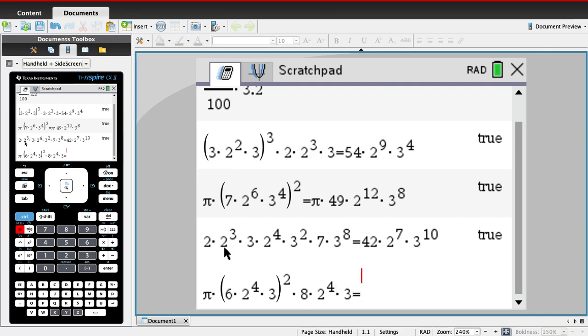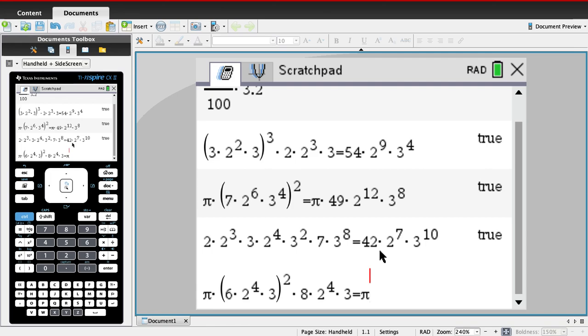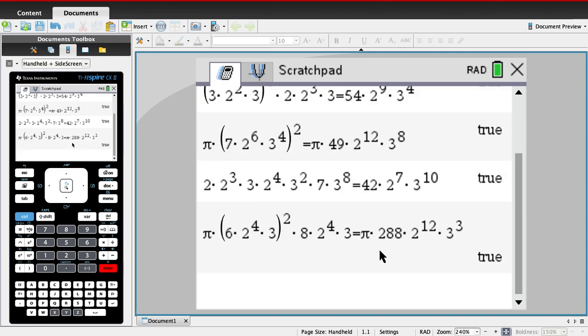And I'm going to ask my calculator, hey, is that the same exact thing as the answer that I got? So pi times 288 times 2 to the power of 12 times 3 to the power of 3. True. So I got this one absolutely correct.